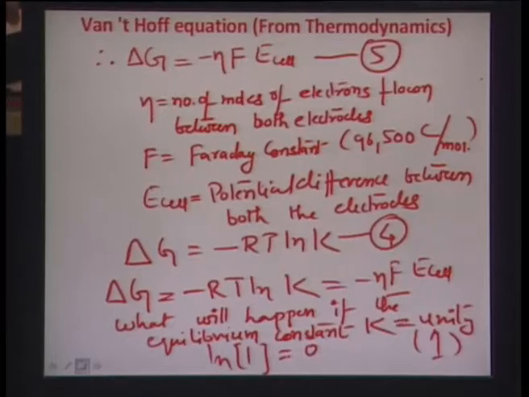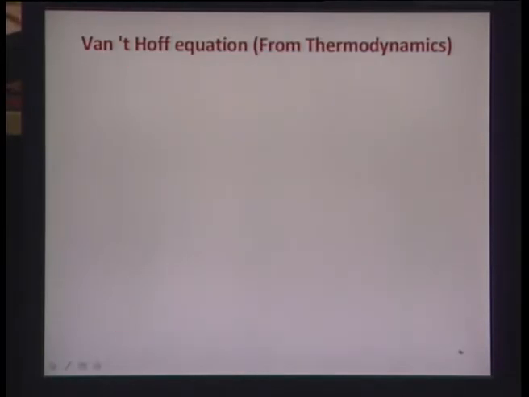So we have to develop a strategy where this equation has a scheme to accommodate what happens when the k value is unity. What this equation can be modified as is that, let us assume that there is a certain G value known as delta G 0, for situations when the k value becomes unity.